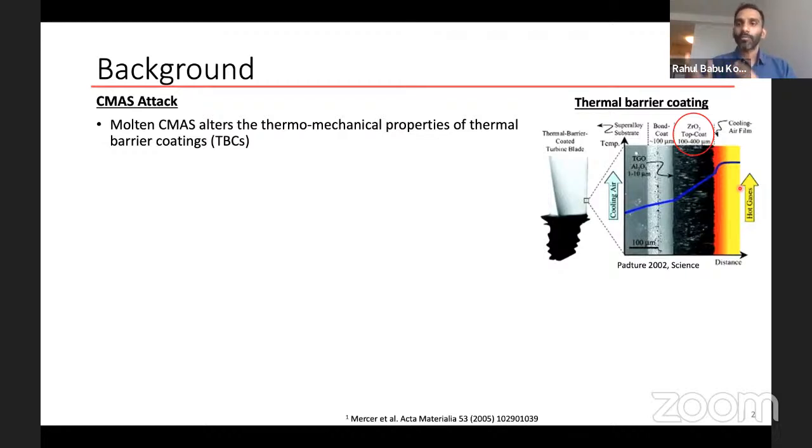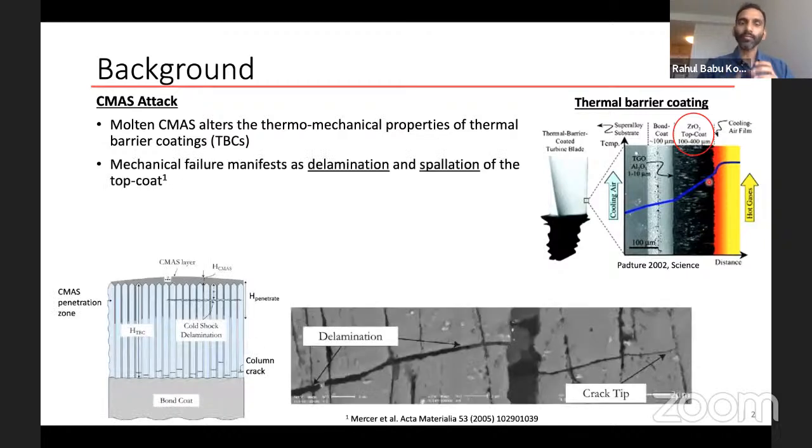So the molten CMAS, when it deposits on this top coat, it affects the thermomechanical properties of the TBC. It alters the thermal conductivity, it alters the tensile or the yield strength of the material, and a bunch of other things. And the mechanical failure is of course the most damaging one.